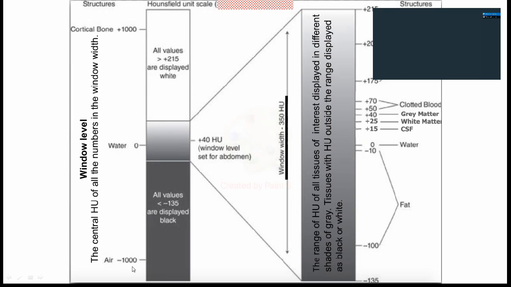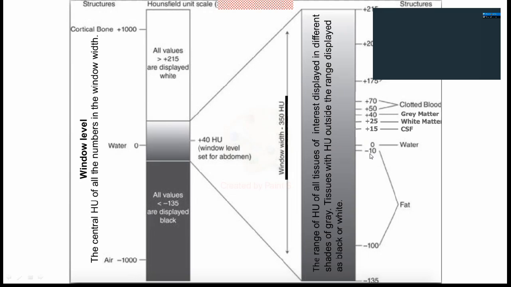Everything else is calculated based on that. Cortical bone and metal are very dense structures near +1000. Soft tissue is above 0 and measures around +50. Fat is less dense than water, at around -100 to -10.